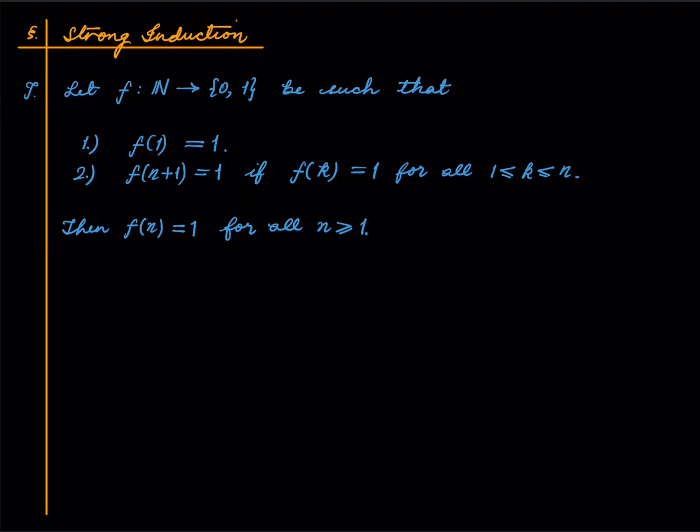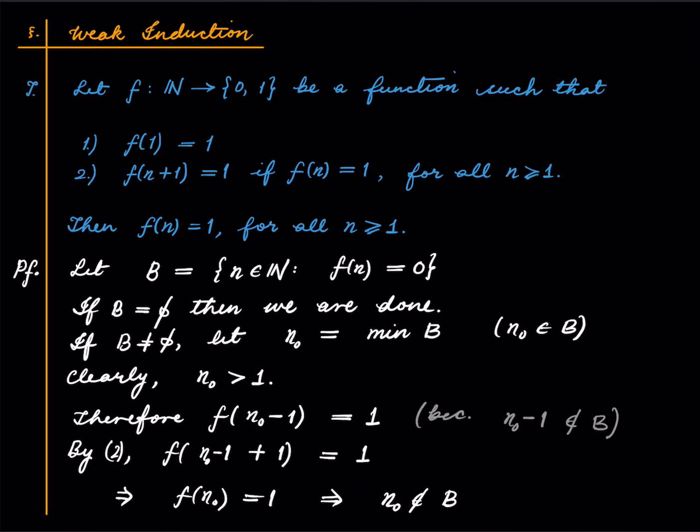And the second condition is a little bit different from the previous one. It says that f of n plus 1 is 1 if the value of f on all smaller integers, smaller than this, is 1. So in the previous one, we just had f of n equals 1, where n is the immediate predecessor of n plus 1.